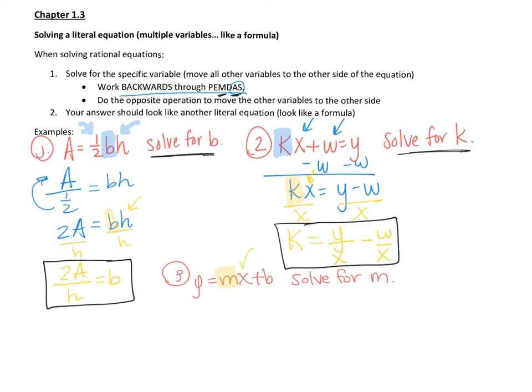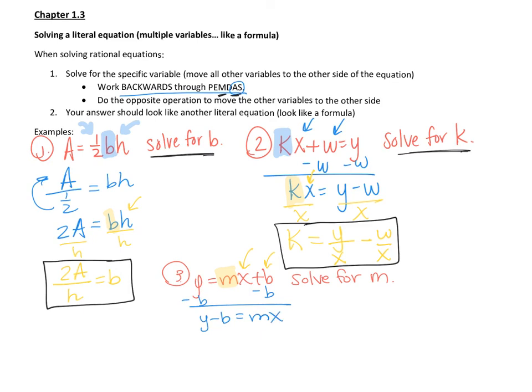I'm going to need to get rid of the x and the b. Which one would I get rid of first? Remember, we're working backwards through PEMDAS, so the addition or subtraction would need to go first. I noticed that b is being added, so I would need to subtract b from both sides. So I have y minus b equals m times x.